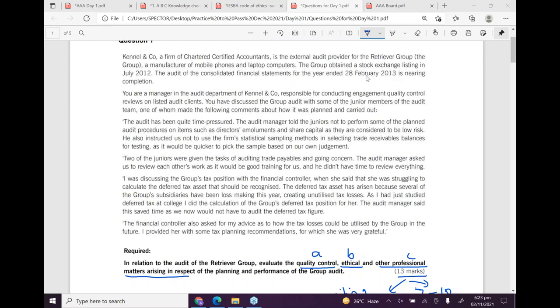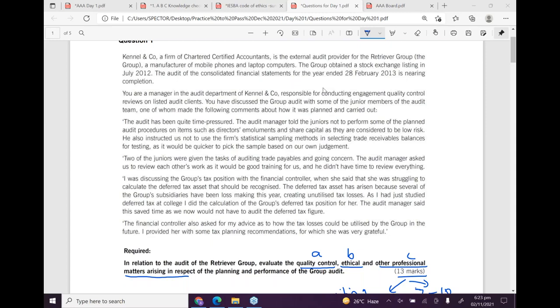The lack of supervision has to be linked to something other than a simple discussion point as well. Godfrey, absolutely right. So what? If junior staff have been given a risky area, how is that wrong? So for every single point that you pick up, I need the answer to so what?